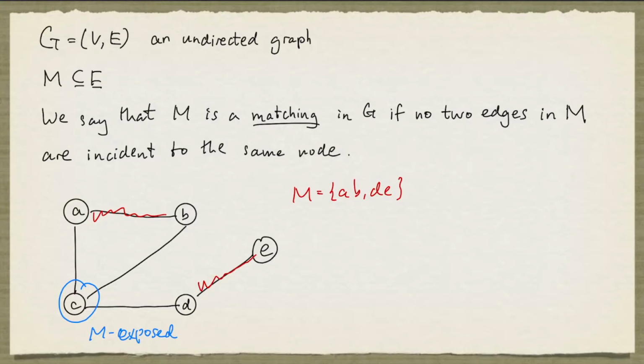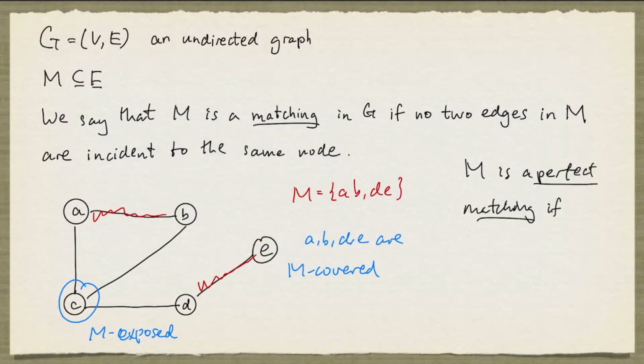So here A, B, D, and E are M covered. And a matching M is a perfect matching if every node is M covered. For this graph, we can see that there's no perfect matching because there are an odd number of nodes. Because every edge in a matching covers two nodes, if there's a perfect matching, the number of nodes in the graph must be even.